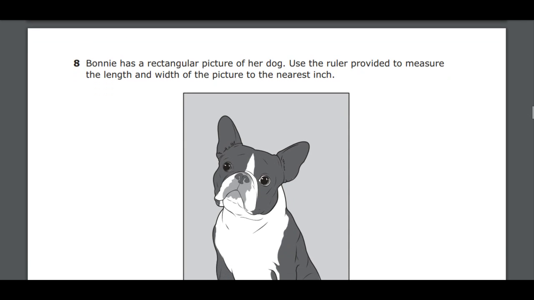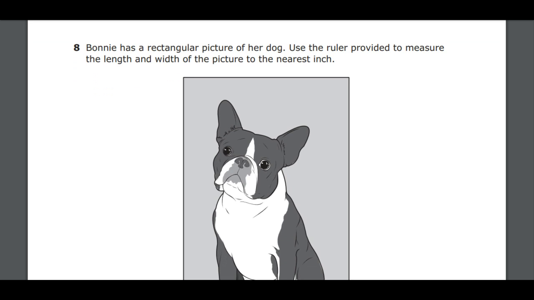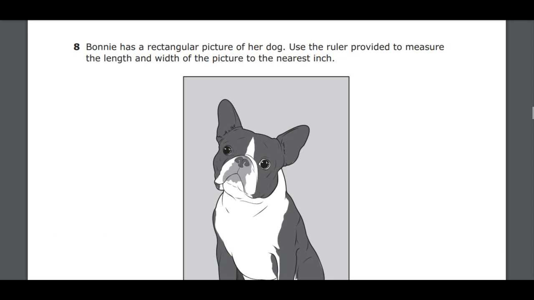Number 8. Bonnie has a rectangular picture of her dog. Use the ruler provided to measure the length and width of the picture to the nearest inch. You do not need to get a ruler. The front of your packet has a paper that has a ruler on it. Rip that paper out and use the ruler that has the inches to measure the picture.